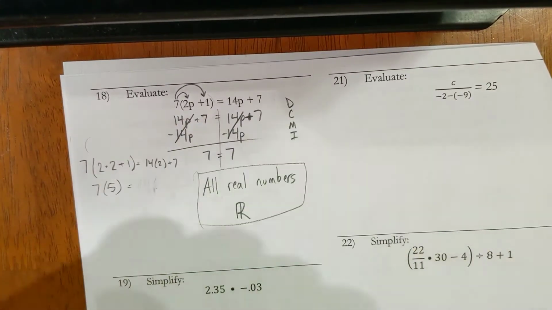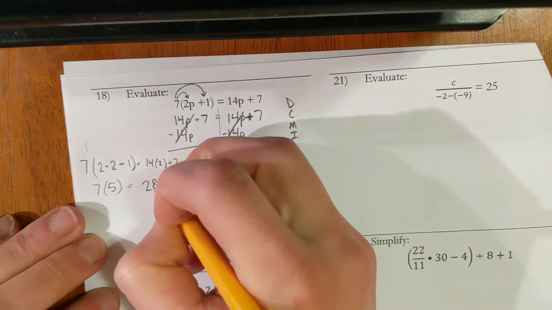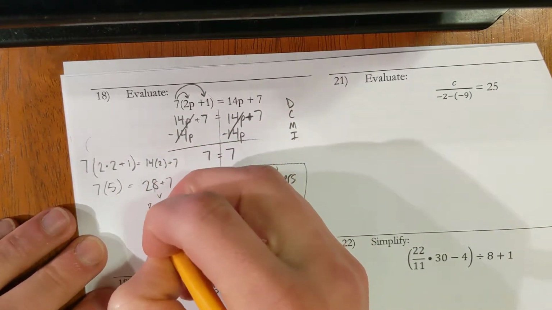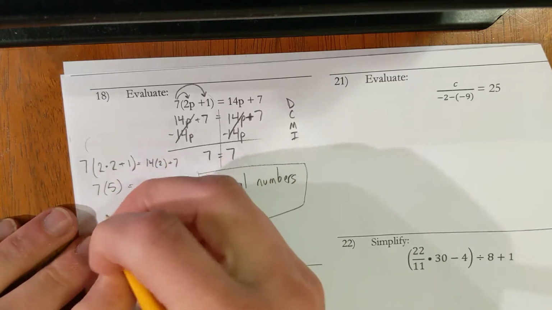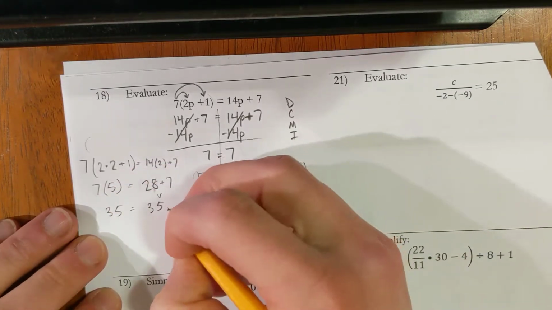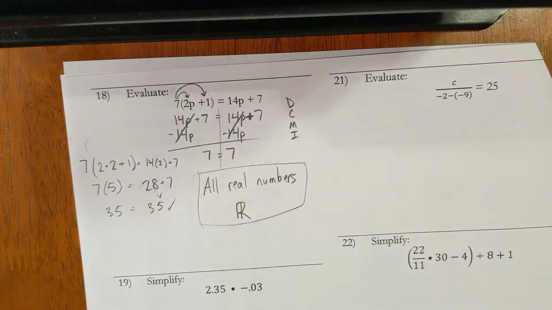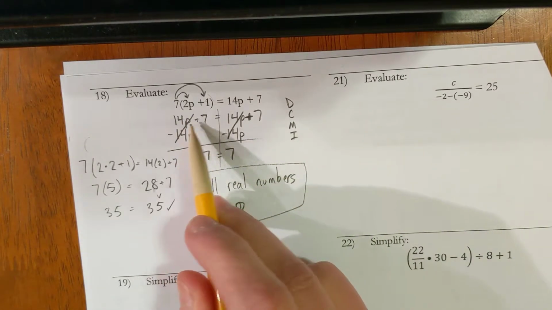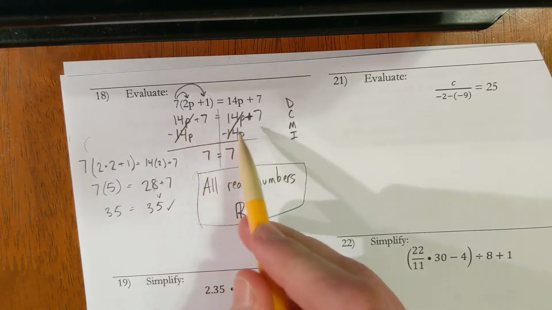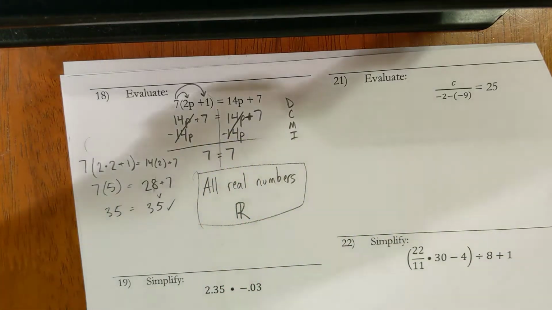We'll write that one down at the same time. 28 plus 7 is 35, and 7 times 5 is 35 as well. So we can see, and this is just one example, that 2 works, but anything you plug in is really going to work, and that's evident when we look at this step where 14p plus 7 equals 14p plus 7. It's the same thing on both sides.